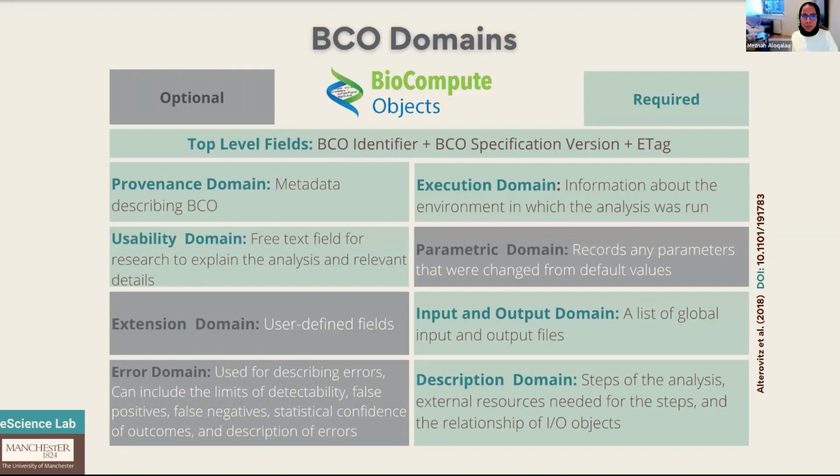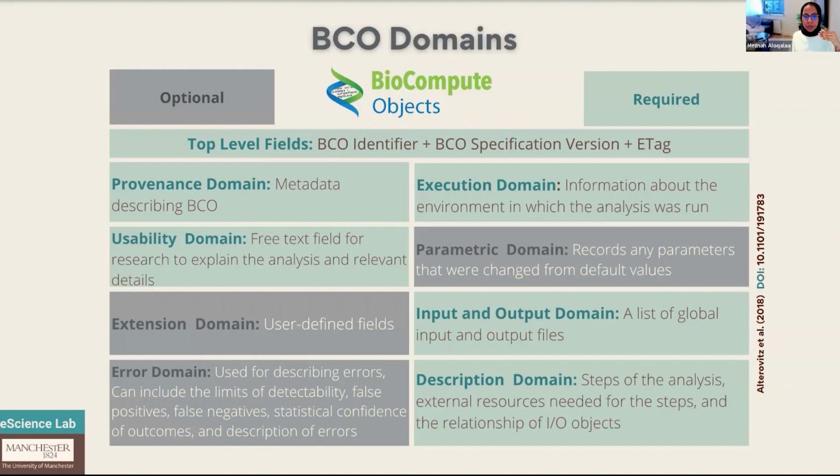To go deeper with the BioCompute object and show how well it describes a bioinformatic workflow, it divides the experiment into eight domains. Each domain describes the experiment from a different phase. The provenance domain describes the experiment as a whole at the top level, whereas the usability and description domains describe it from the conceptual view: what are the main steps of the workflow, and why it is used.